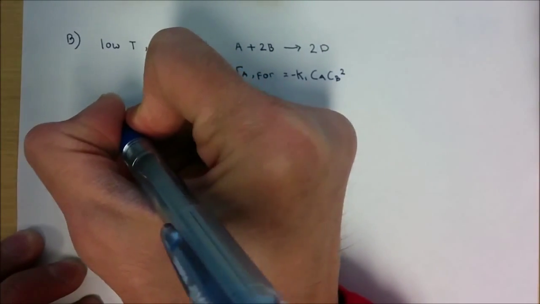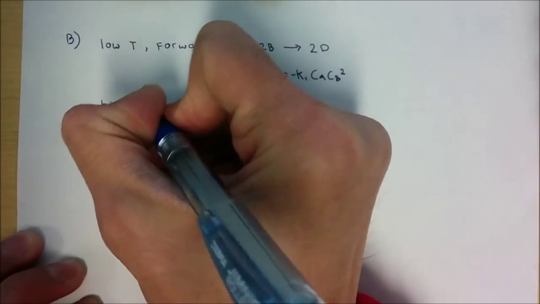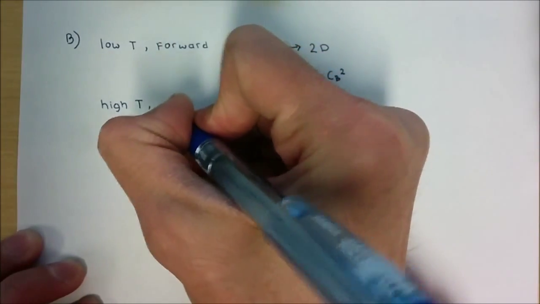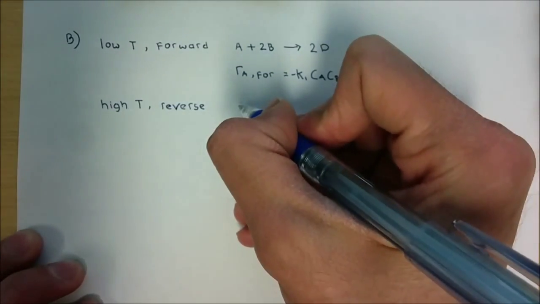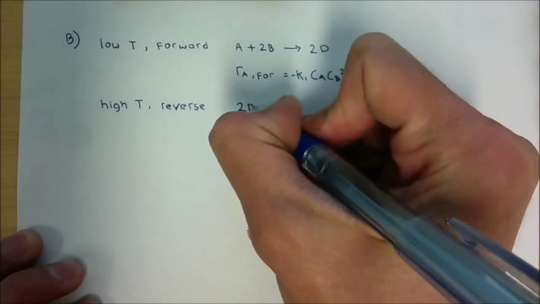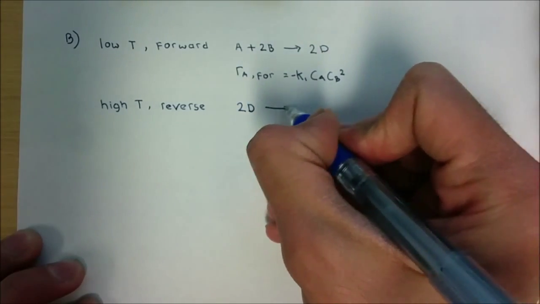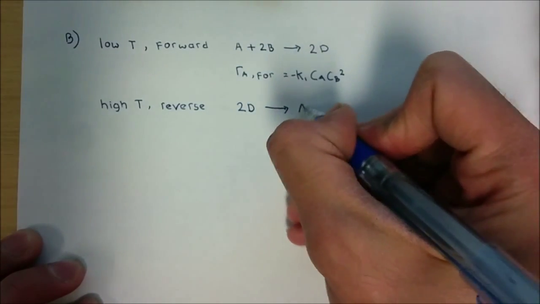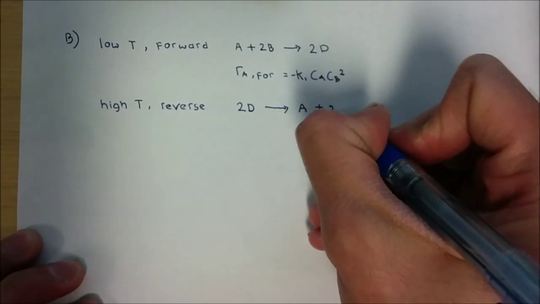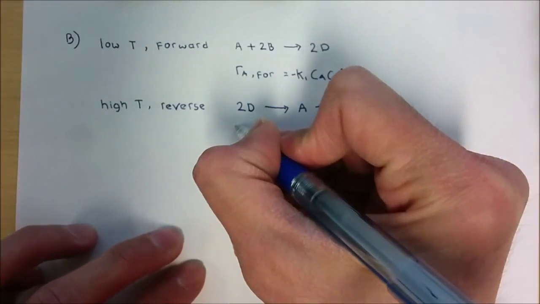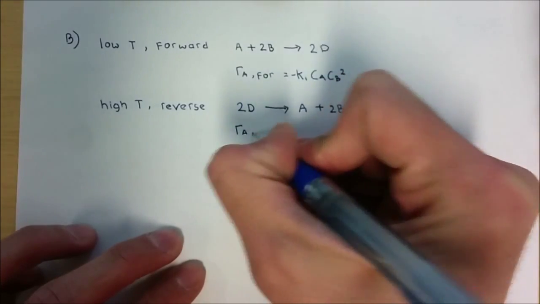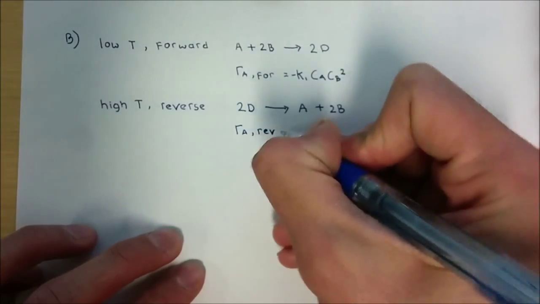And then at high temperature, we will have reverse reaction, where 2D is going to be consumed to produce A and B. And then we are going to have the rate law for reverse reaction.